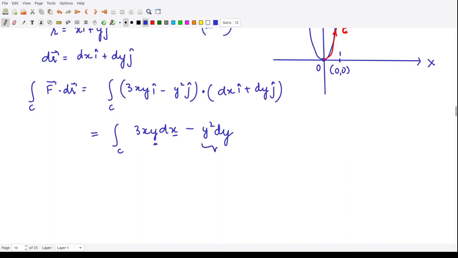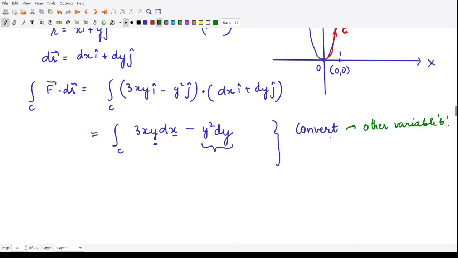So in order to solve this integral, we can convert this to another variable, namely t.